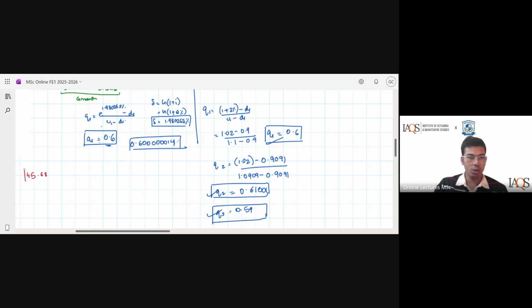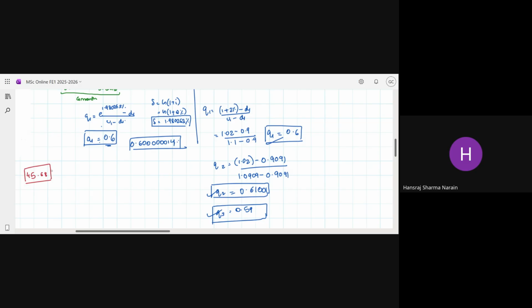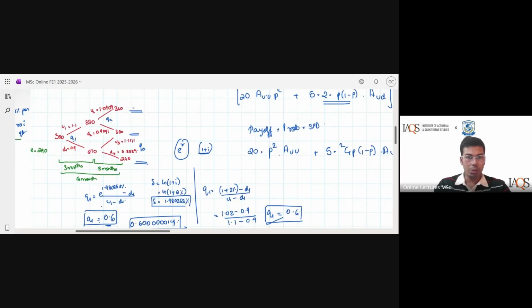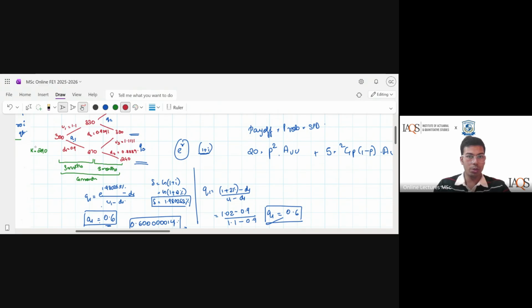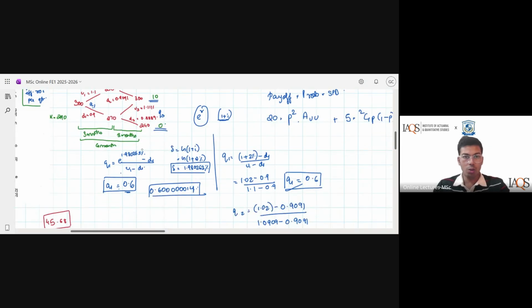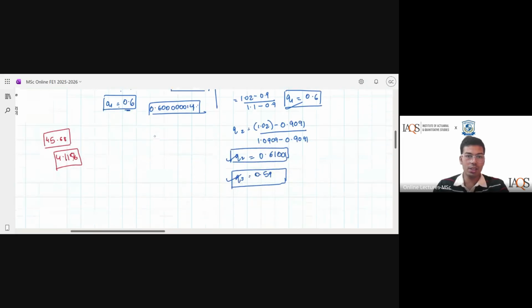What's the value at down? It's 4.117. 4.118. So let me see. The payoff over here will be, it's a 290 call option. So here you have your payoff as 70. Here you'll have your payoff 10. Here you'll have your payoff 0. Now, down means 10 and 0.